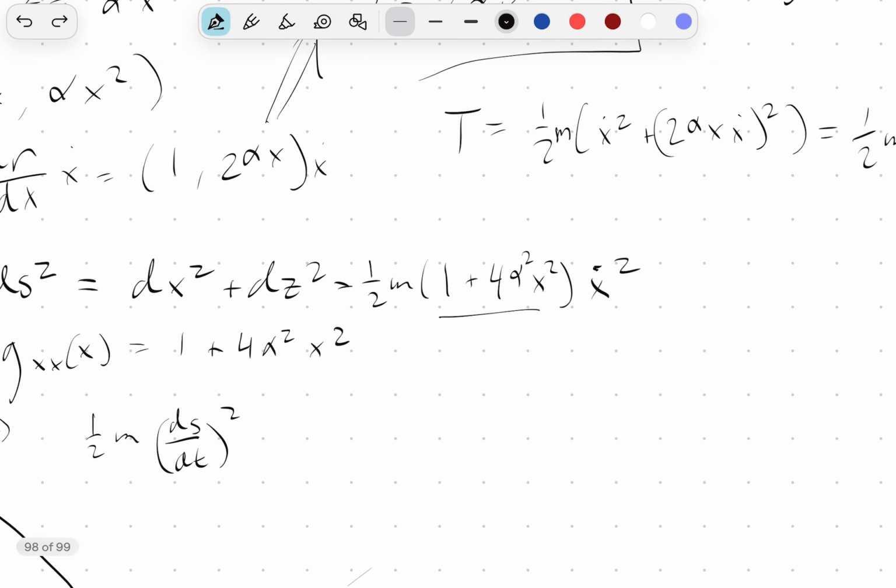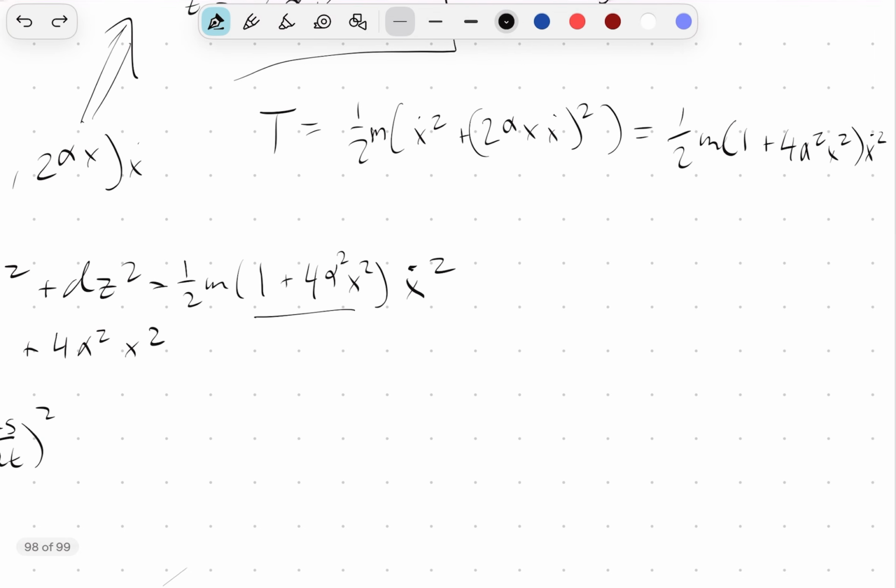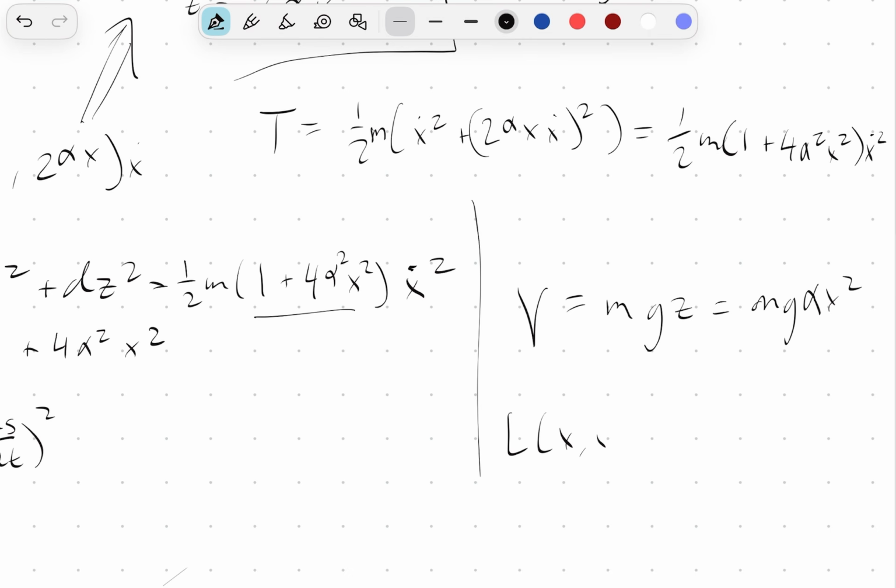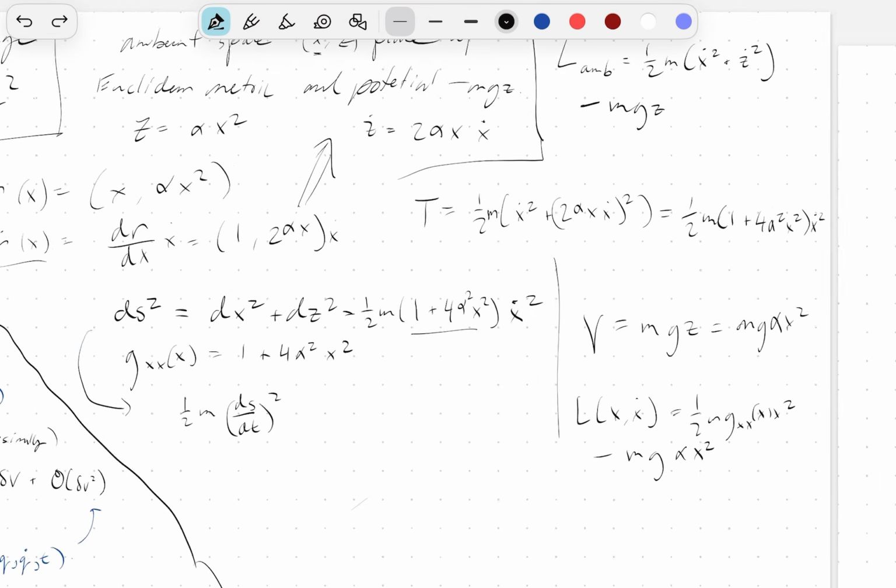That's important to realize because the potential function is going to be mgz, which is mg alpha x squared. And the full constrained Lagrangian is going to be 1/2 m g_xx x dot squared minus mg alpha x squared, because z is alpha x squared.